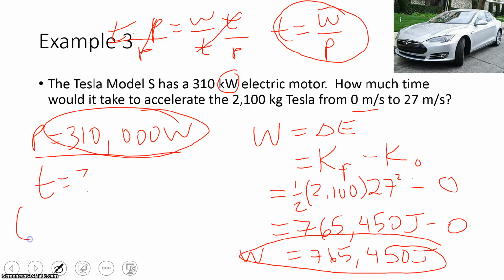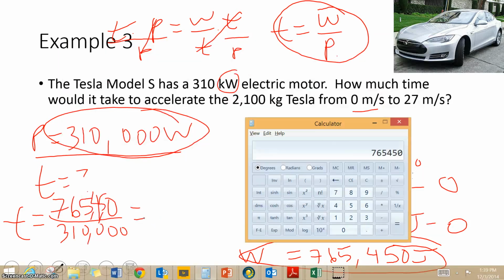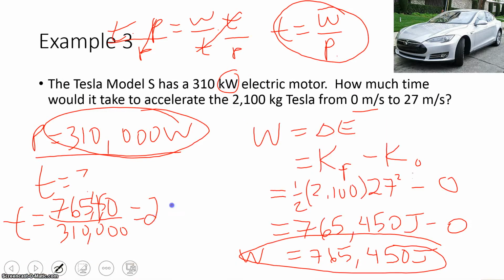So the time will be equal to 765,450 divided by 310,000, which is the power. That is 2.469 seconds.